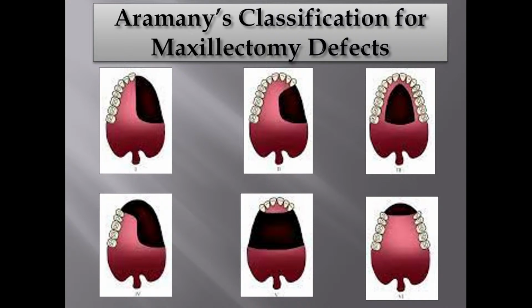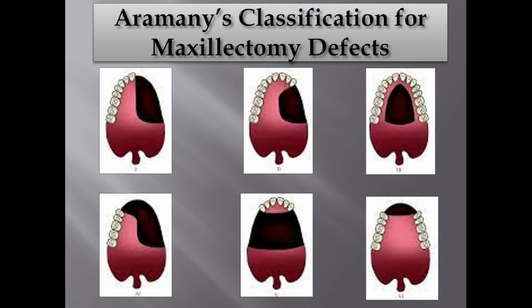First, it's Aramany's classification for maxillectomy defects. And what is the reason for maxillectomy? The reason can be different. As I said, it can usually be tumors, osteomyelitis, or some other traumas, due to which we have to extract a part of the bone, usually the maxilla.